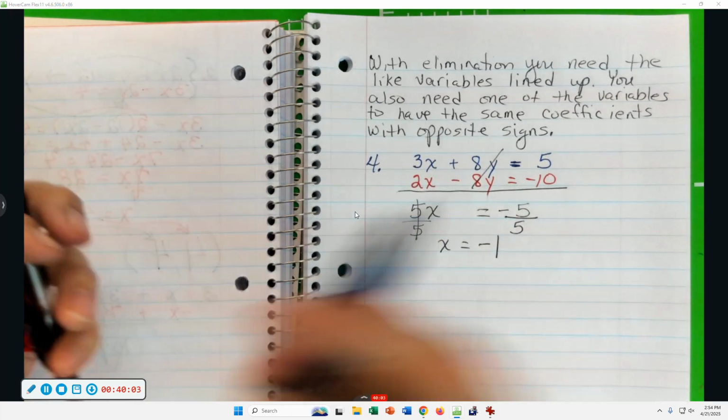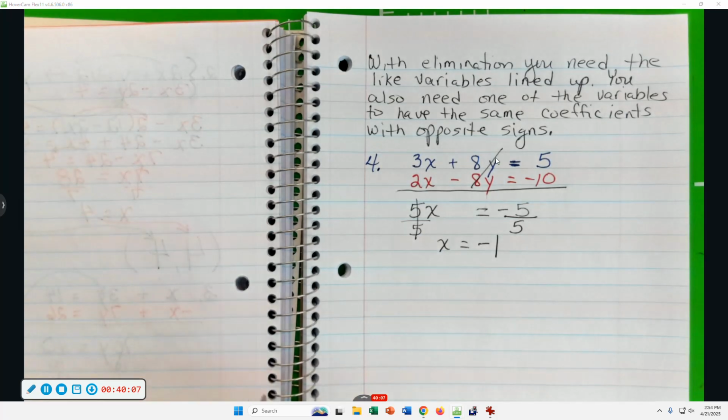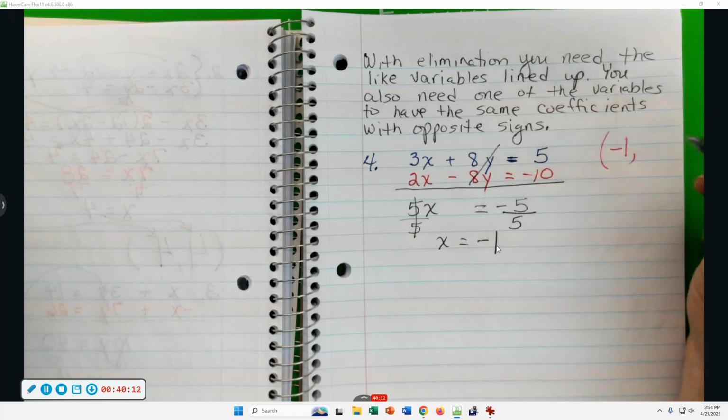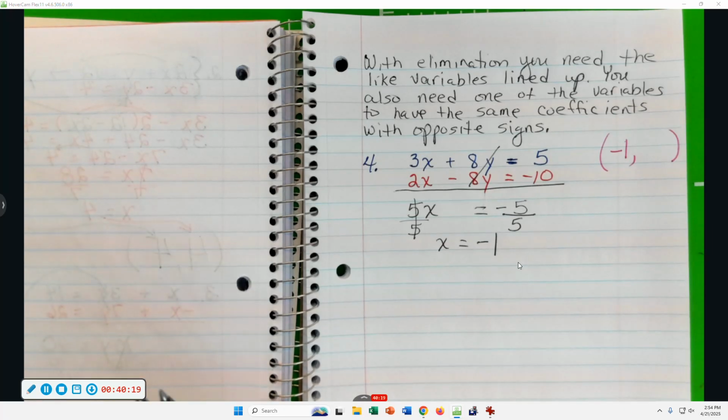-1. So these lines, if you drew their graphs, they would intersect at an ordered pair whose x-coordinate is -1. Now, how are we going to find the y-coordinate? Once you know one of the values, what do you do to find the other one? Plug it in, substitute it in, and I'd use the thing that has fewer negatives. That's just my own personal preference.